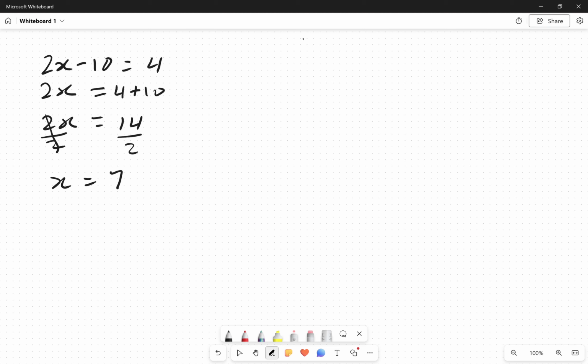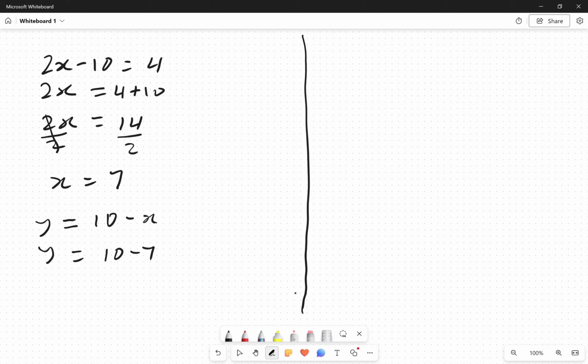So now we know the value of our x. If we know the value of our x, then we can find the value of y. We know that y is equal to 10 minus x. Now our x is 7, so y is equal to 10 minus 7, and therefore y is equal to 3.